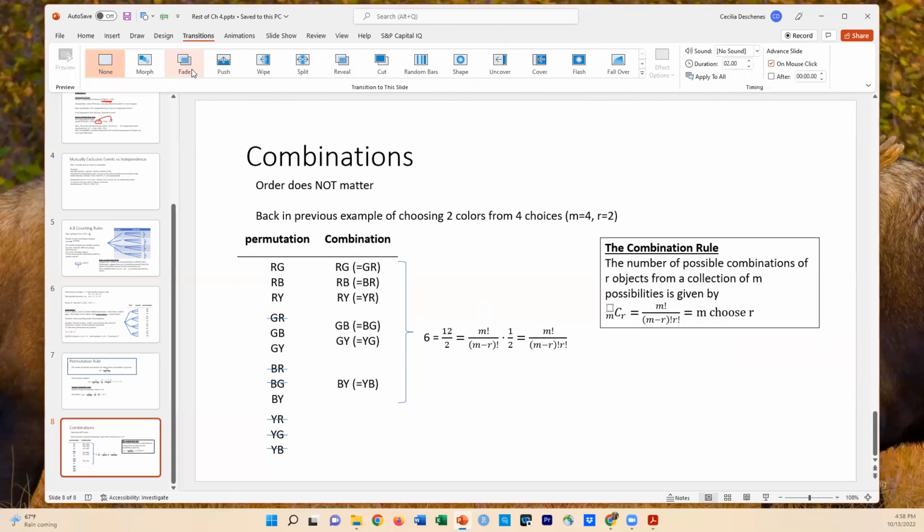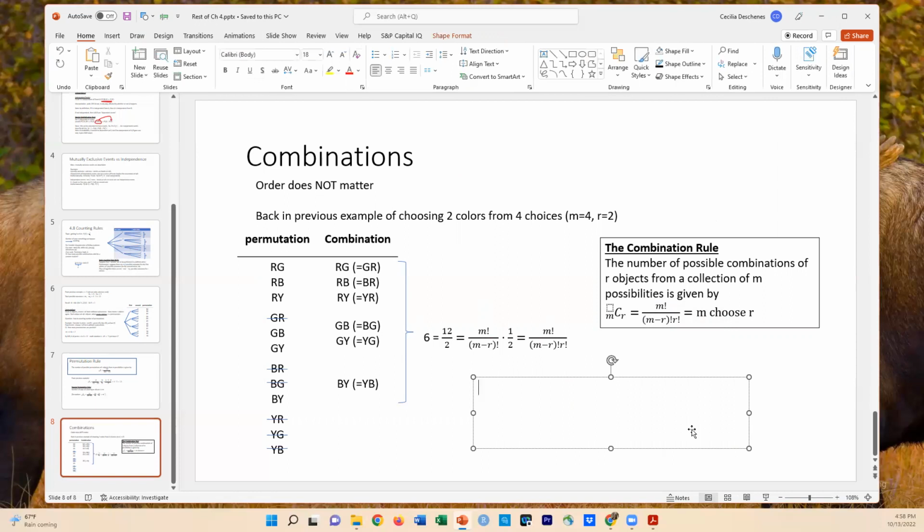And in our previous example, so here we're talking about these combinations, what we actually were dealing with was 4 choose 2.